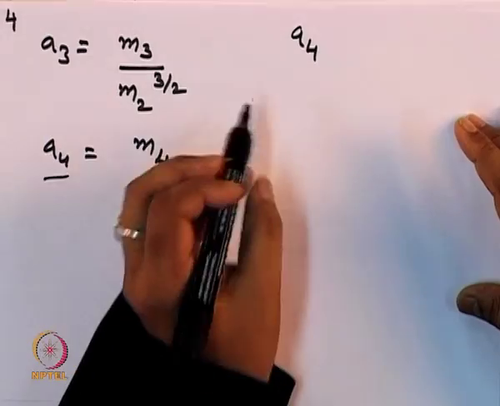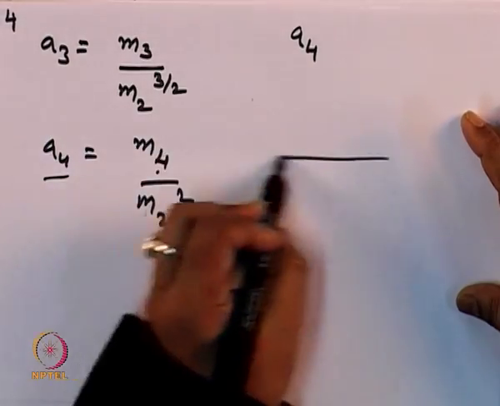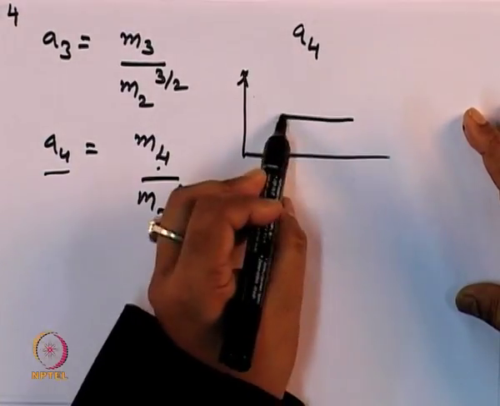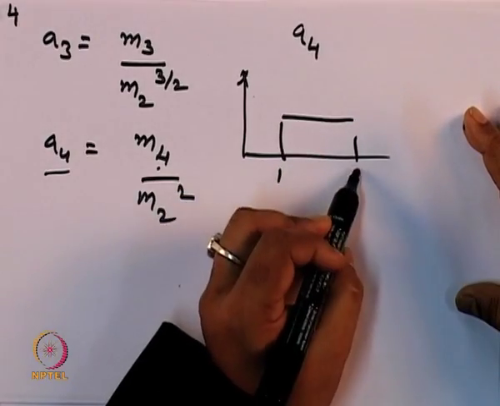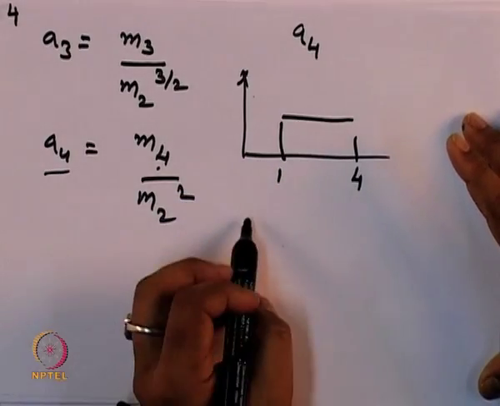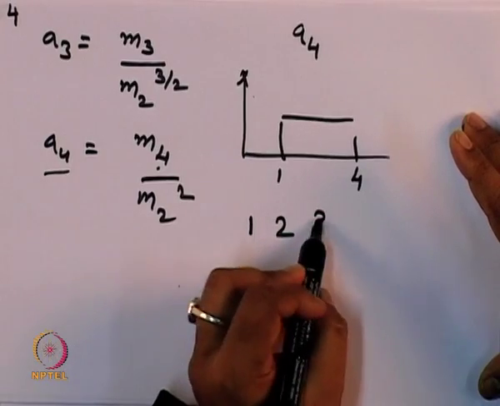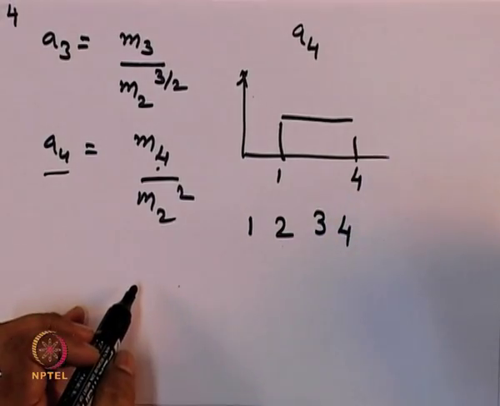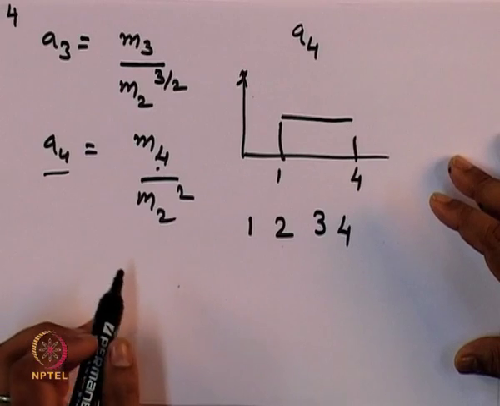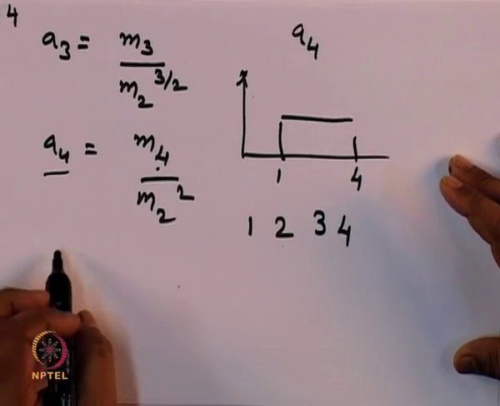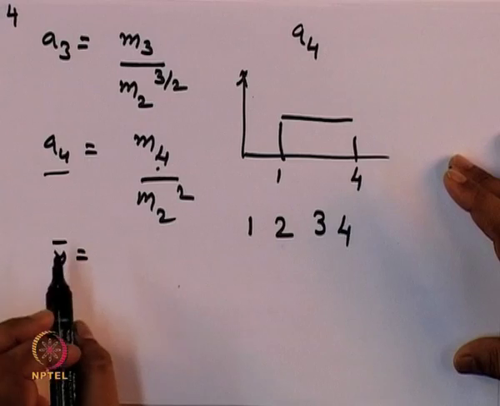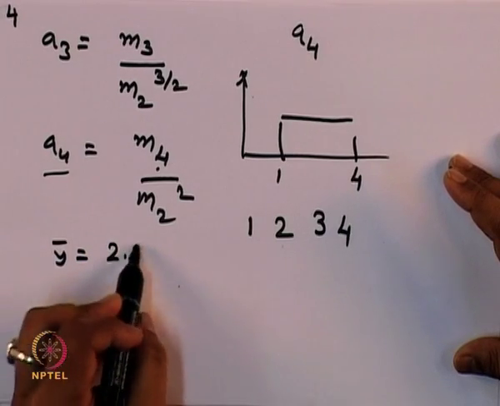Okay. So, let us calculate a simple example where we calculate A4. Let us take a very flat distribution. Let us say our data is 1 2 3 4. So, each of these values only appear once in this case. So, your y bar is equal to 2.5.